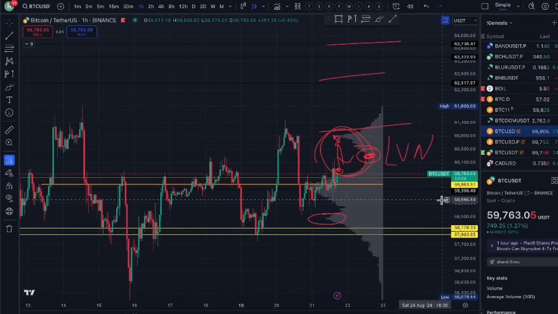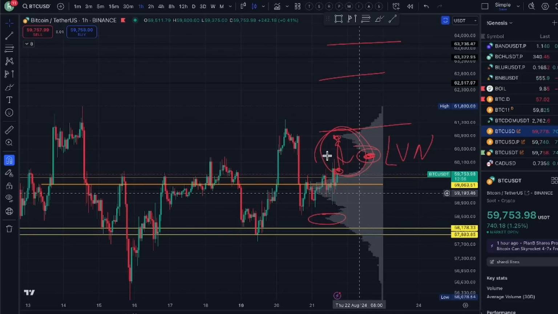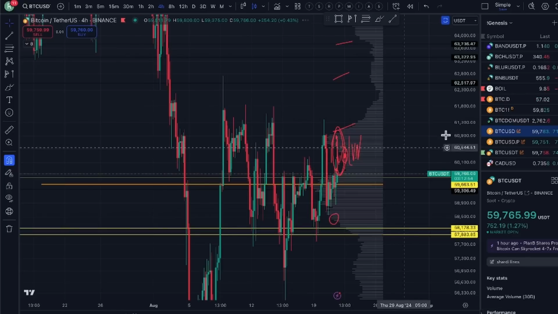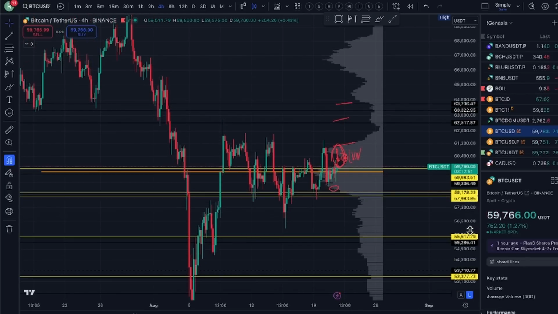It does not absolutely mean that Bitcoin goes to $100,000 from here, but it means that there is much inefficiency on the way towards 64,000, and it's much more likely, also taking into account the volume profile, that we're going to go there first. And then I would reevaluate.